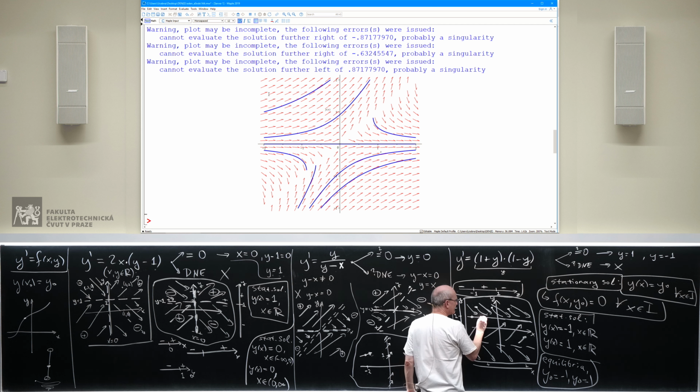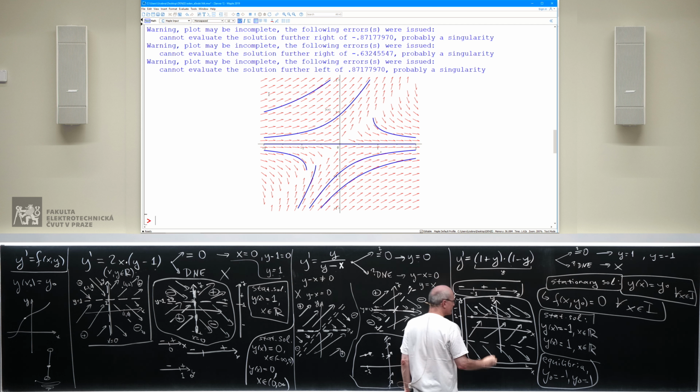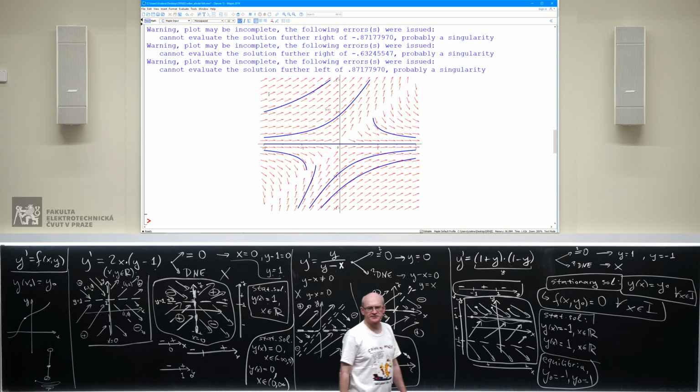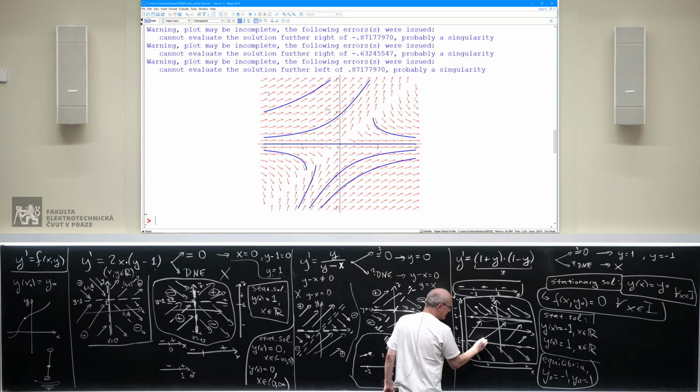So stable means that you get back in the limit if somebody moves you away from your stationary solution. This is what stability means. Unstable means that when you have your nice constant solution, you are running along, and then some outside influence bumps you away, and instead of returning, you go away.